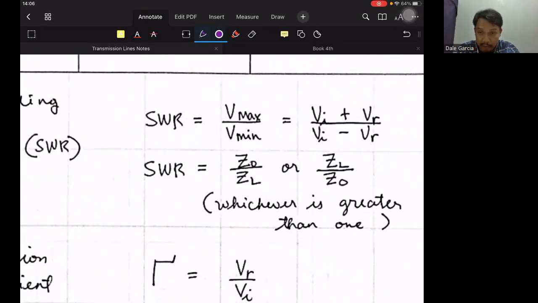There is no SWR whose value is less than 1; that is impossible. So whichever formula yields a value greater than 1, use that.